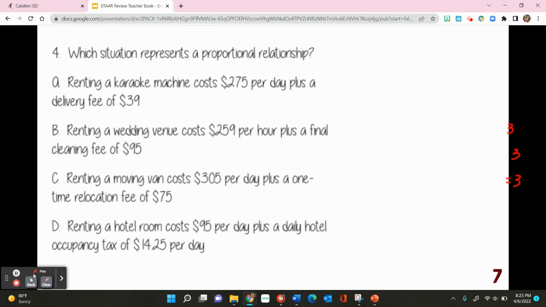Let's look at number 4 now. So for number 4, it says which situation represents a proportional relationship. So remember, proportional word problems, the values can be combined. So let's go ahead and look at this. For A, it says renting a karaoke machine costs $2.75 per day plus a delivery fee of $39.